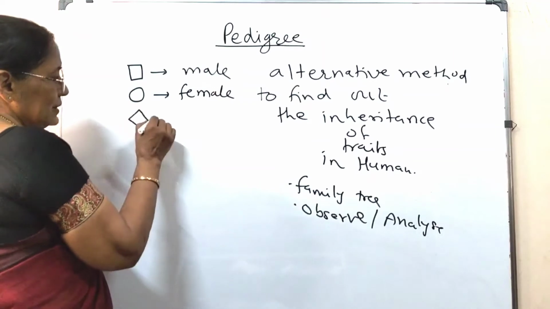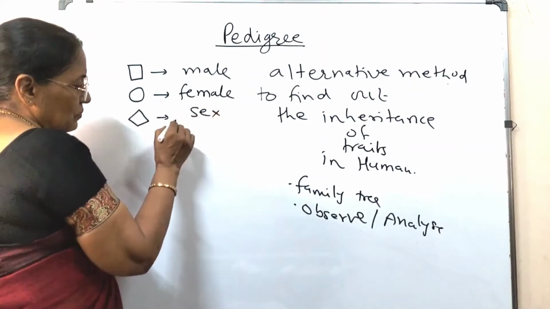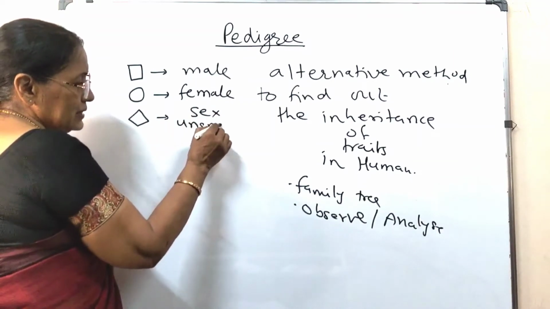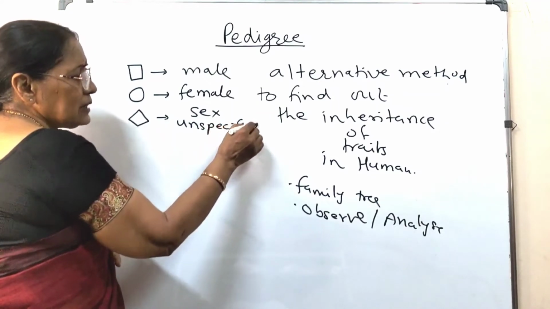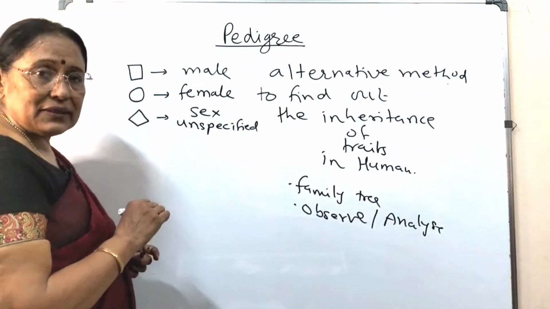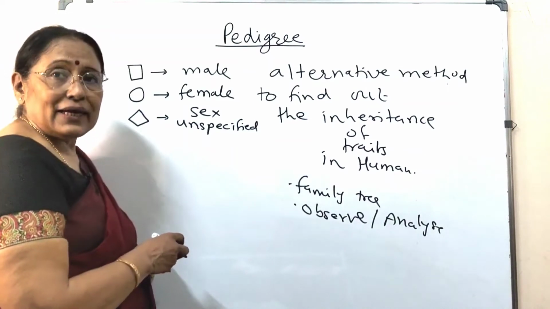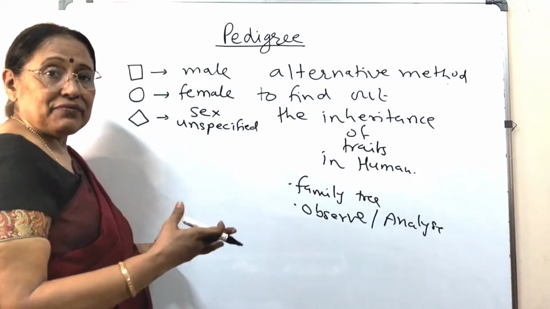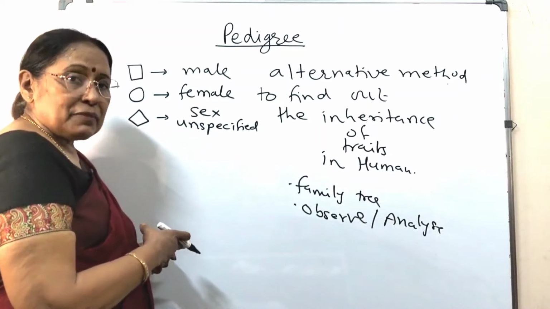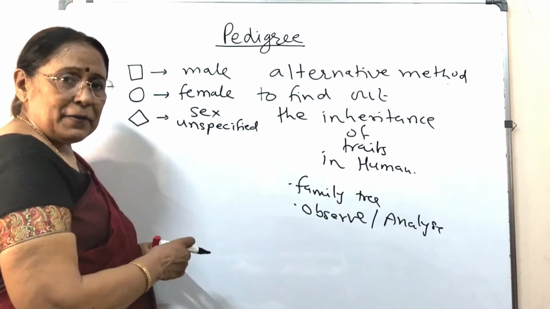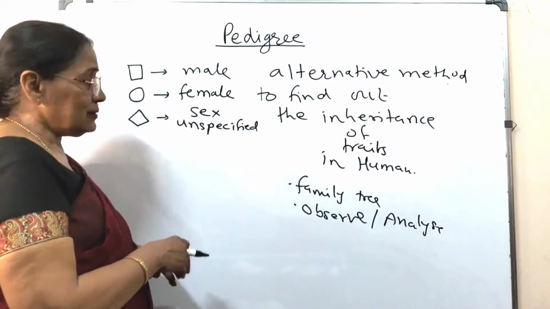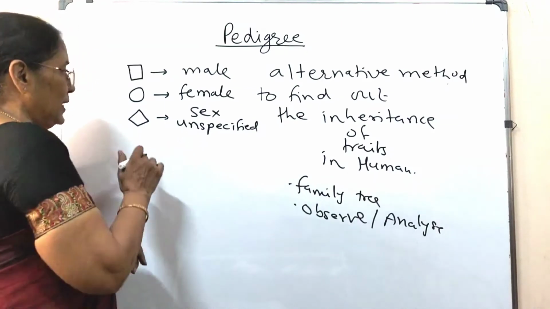This is sex unspecified. What do we mean by sex unspecified? Many a times while preparing the family tree, the children are not able to say specifically whether that disease was in grandfather or grandmother. But they say yes, this trait was there, but we just don't remember. Then it is sex unspecified.